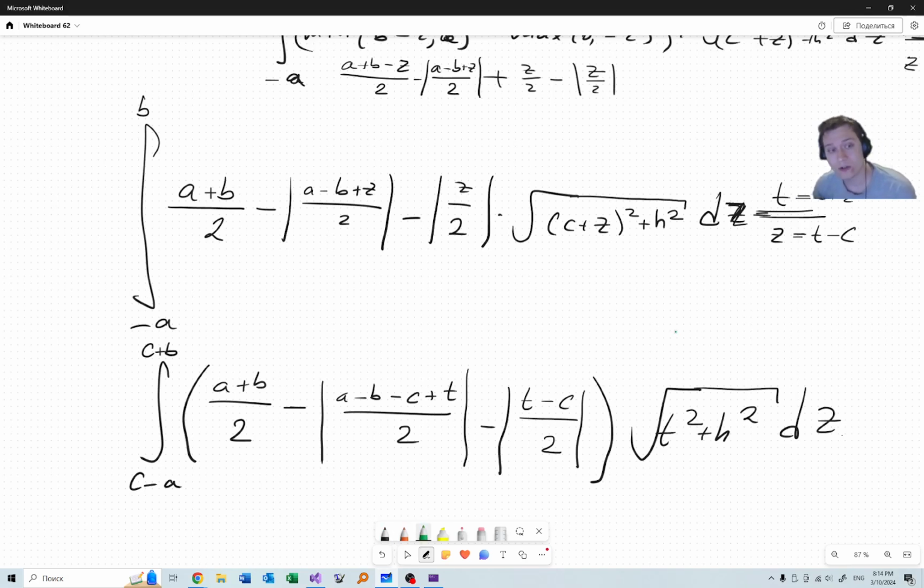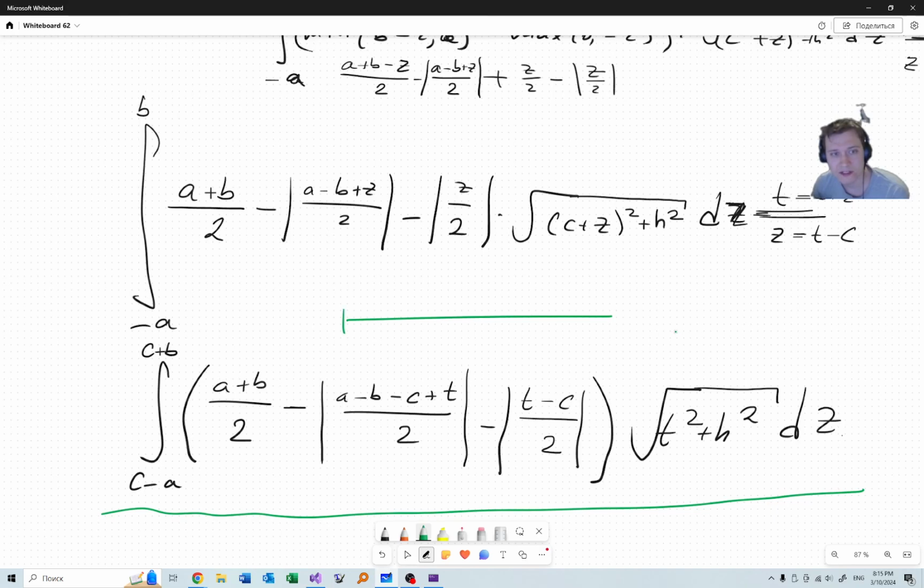Okay, so what do we do here? We have a segment from C minus A to C minus B. On this segment, we possibly add points B plus C minus A over 2 somewhere here, and just C over 2 somewhere here.